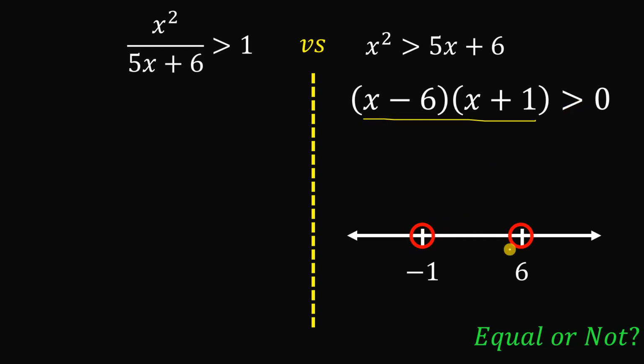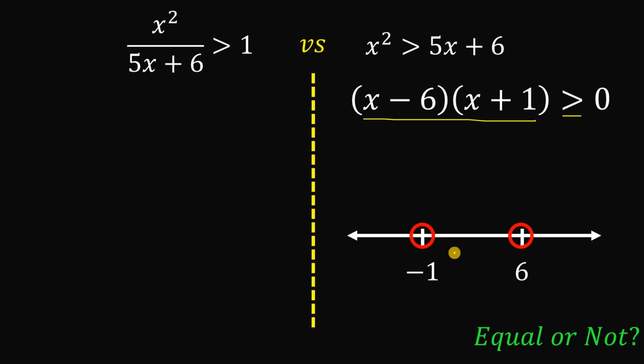So negative 1 is not counted. Also this positive 6, with the same reasoning. Unless we have here greater than or equal to 0, then negative 1 and positive 6 are accepted, or counted in our answer.